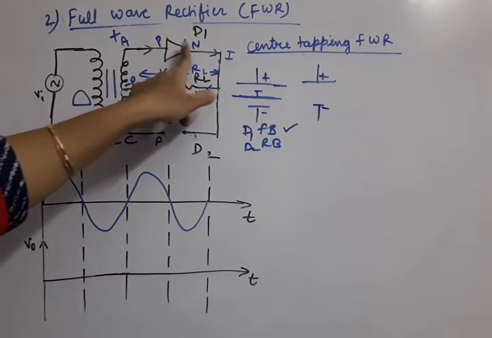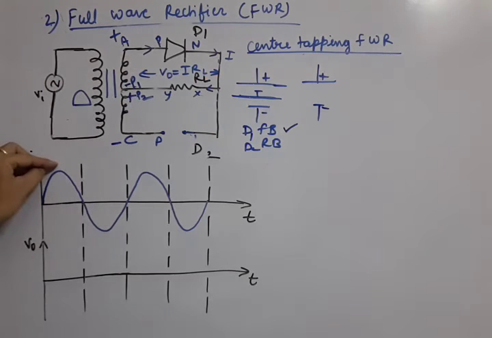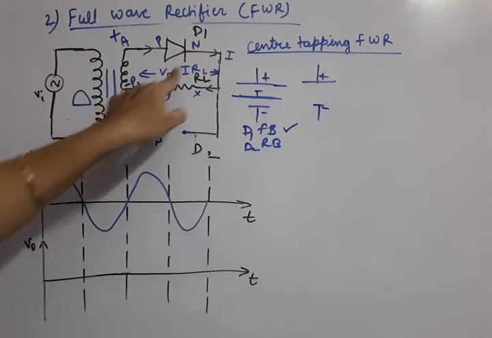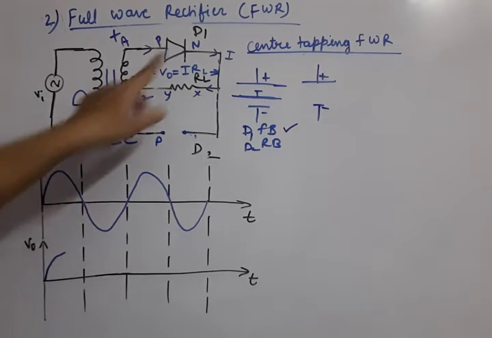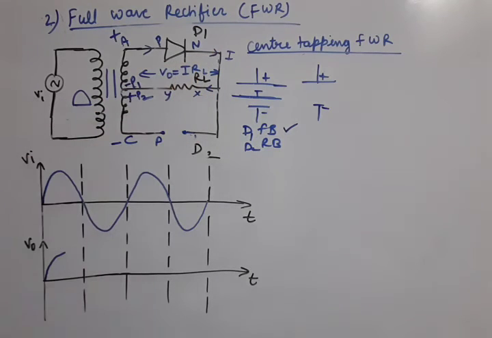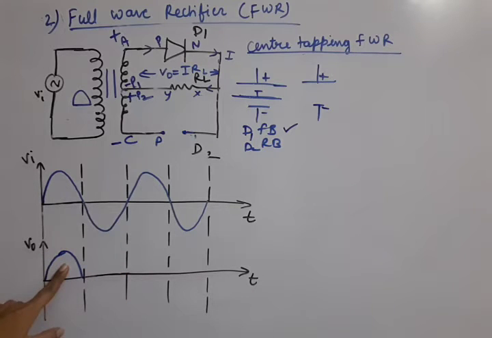As Vi increases, current also increases, so VO will also increase. As Vi decreases, current decreases, so VO also decreases. So we get a pulse according to Vi's shape.